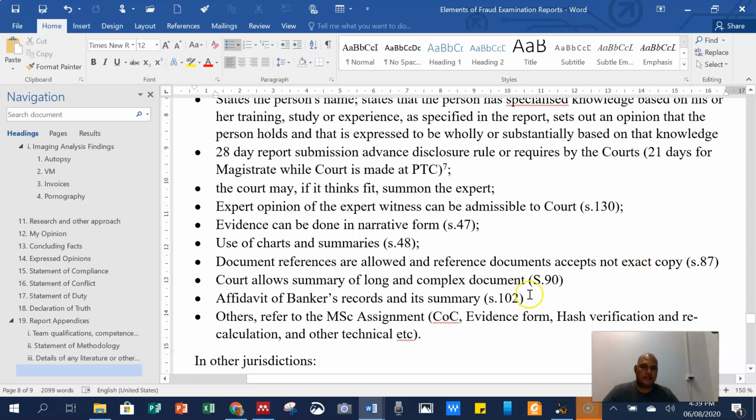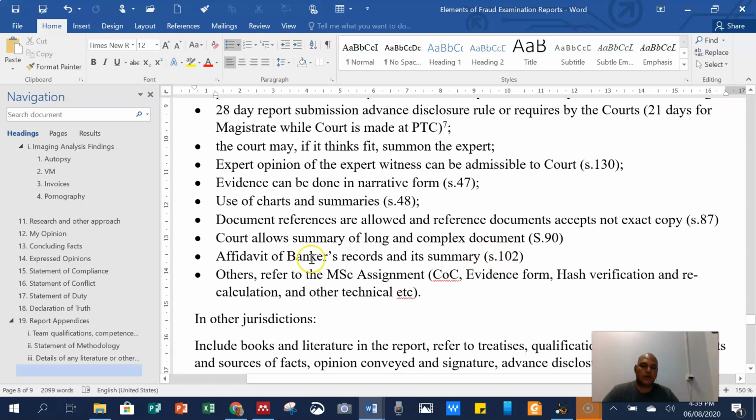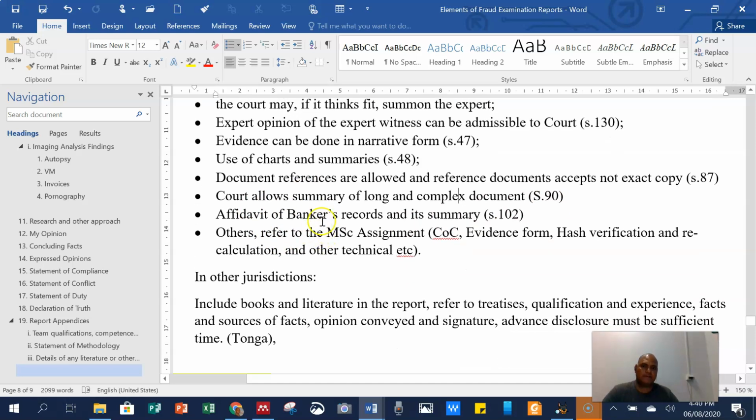Section 87 allows for the references of documents and use of documents to be part of and support the evidence that will be involved. The court also allows summary of long and complex documents. So if you have a long or complex document, the court allows under Section 90 for an expert witness to summarize them for the purpose of interpretation and reliance.